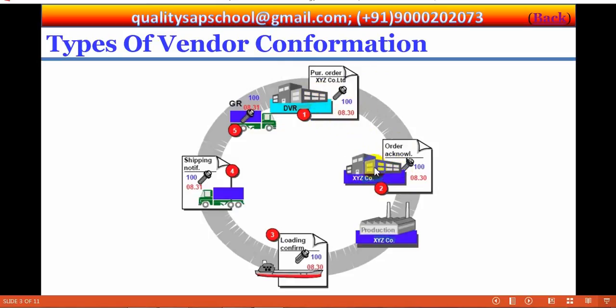So what are those expediters? What are those confirmations? The confirmations we have studied here: acknowledgement, loading confirmations, shipping notifications. So what are the expediters then? If he is delayed, he is going to urge. First is the first urging for an acknowledgement, called request for confirmation.